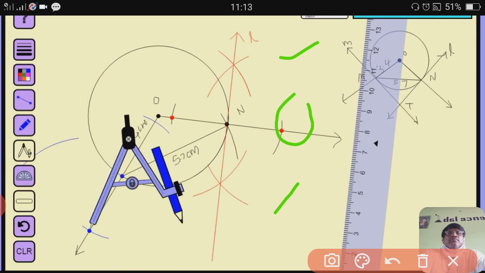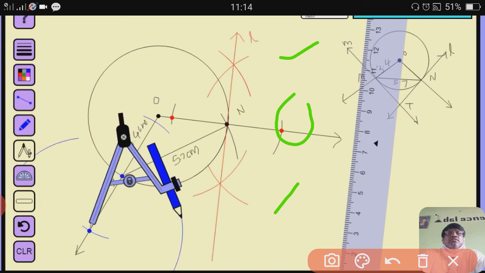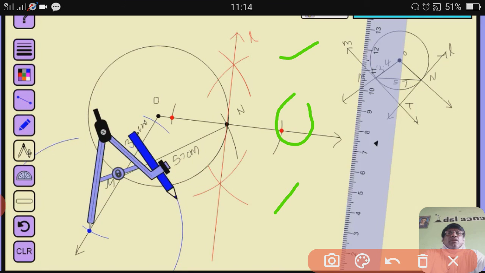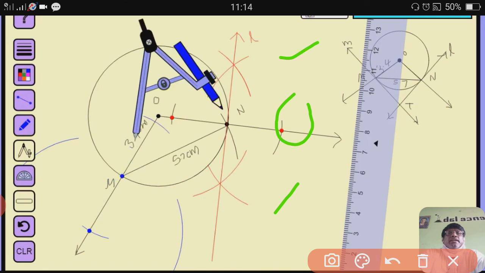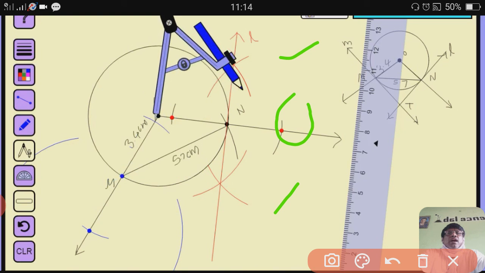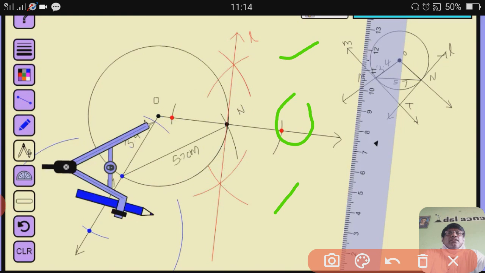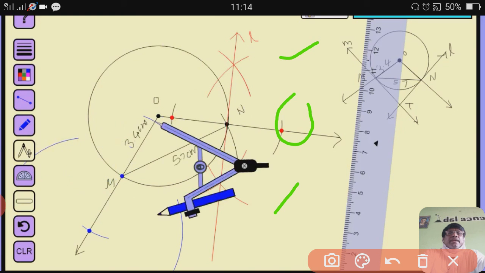Draw arcs on the left side and right side, move the steel point in, and intersect the arcs on the right side and left side.